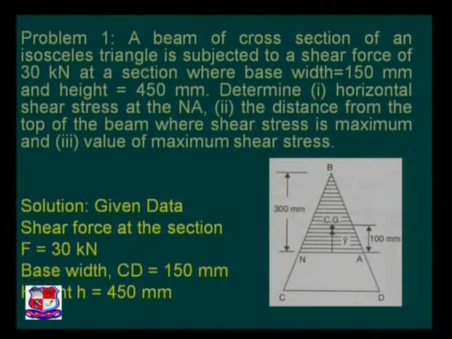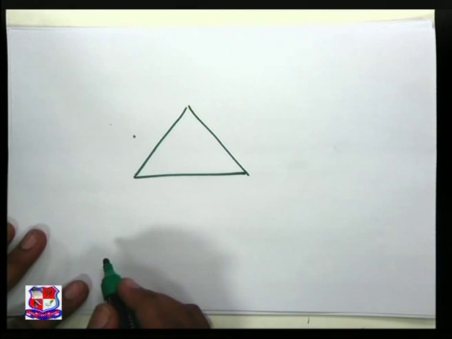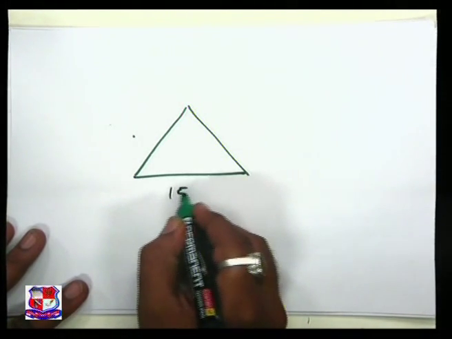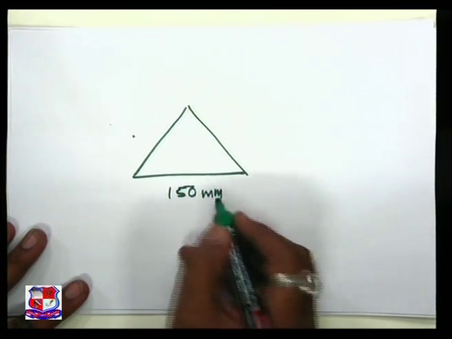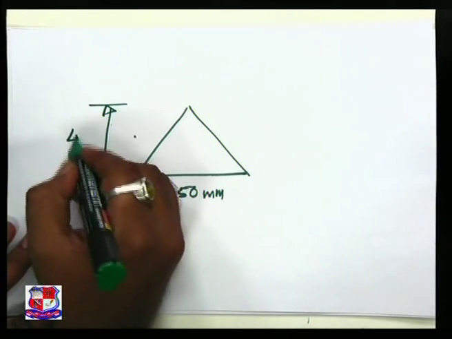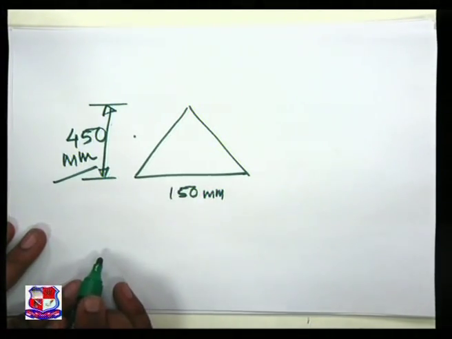Now let us understand what is given to us in this data with this PPT. A triangular section, the type of beam is not given to us. The base width and the height have been given as 150 and 450 mm.